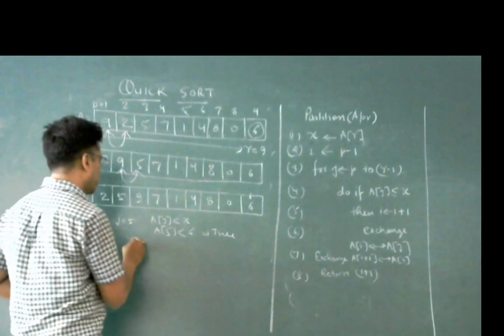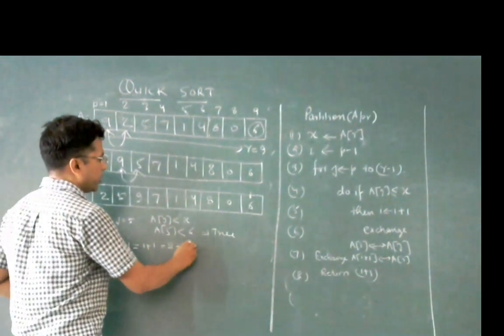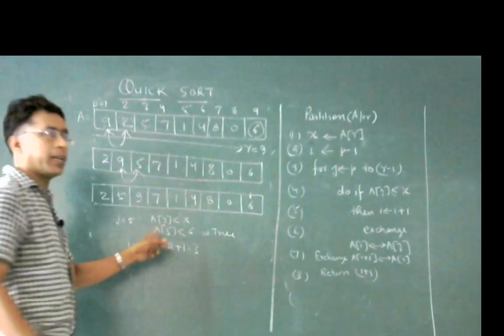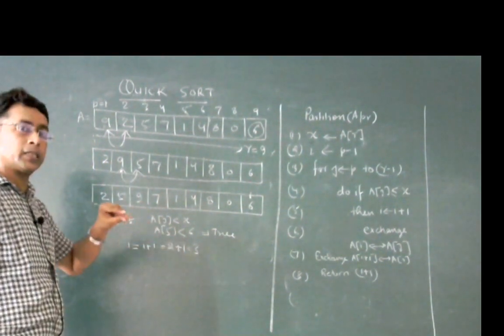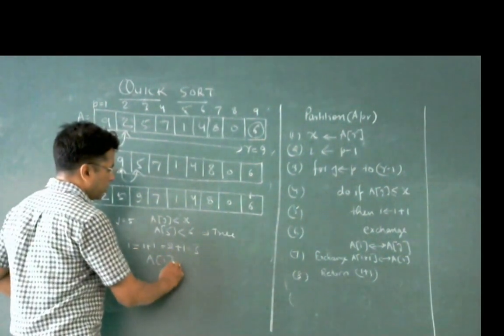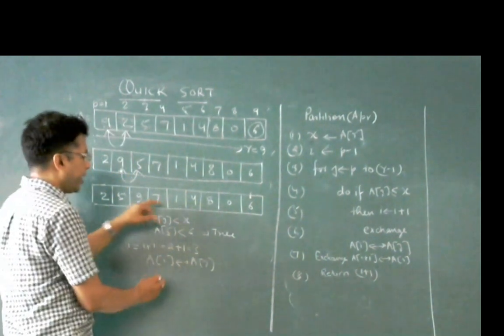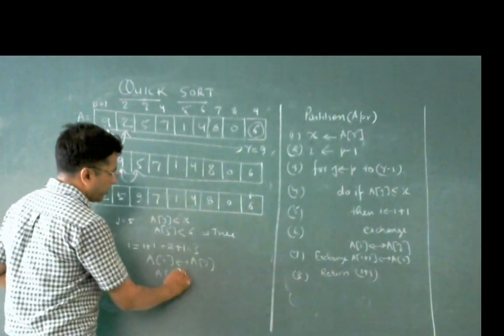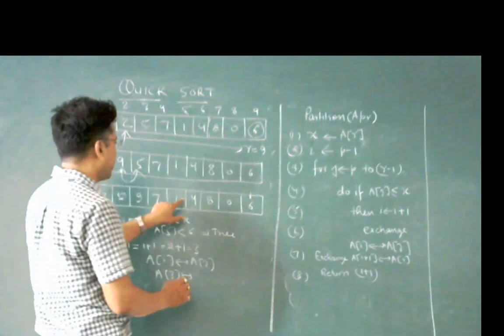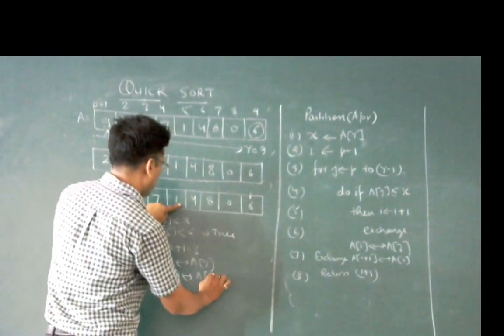Then i equals to i plus 1, meaning 2 plus 1 is 3, because in the last step the i value was 2. So now ai with aj. ai is a3, which will be swapped with aj, j equals to 5, a5.